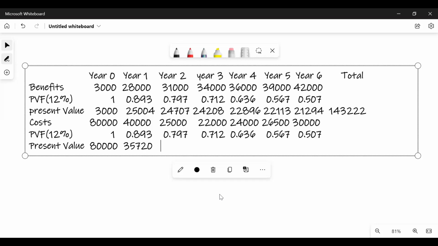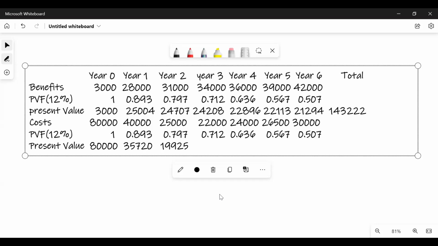Can somebody tell me the value for year 2 for the costs? 25,000 will be reduced to 19,925. Good.